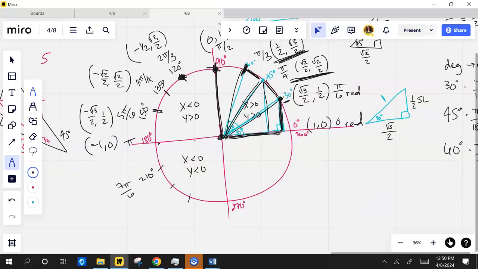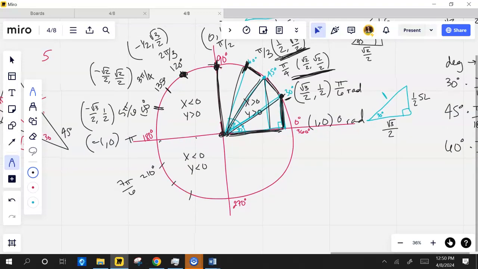So what are the coordinates of this one? You've got to look at how far over you're going, which one it goes with. So what are the coordinates here? There you go. I know what you meant. Negative root 3 over 2, negative 1/2. The ones, this one and the one closest here, are the ones that go together.